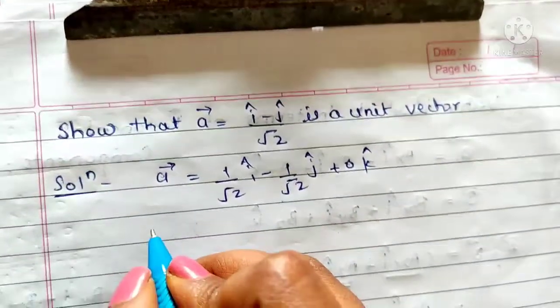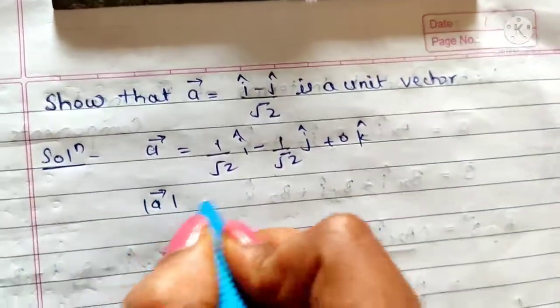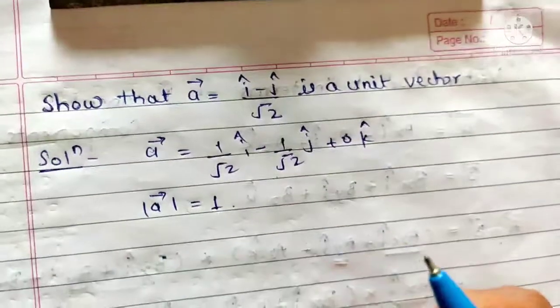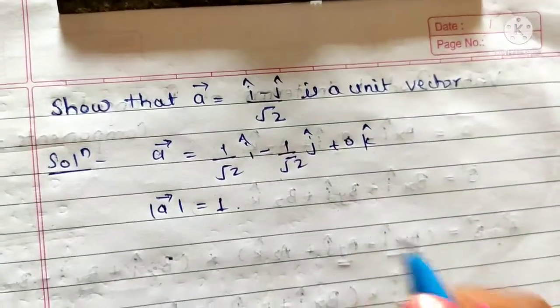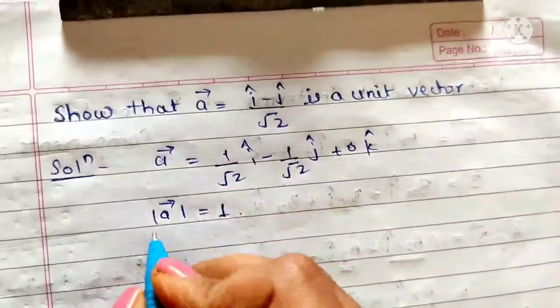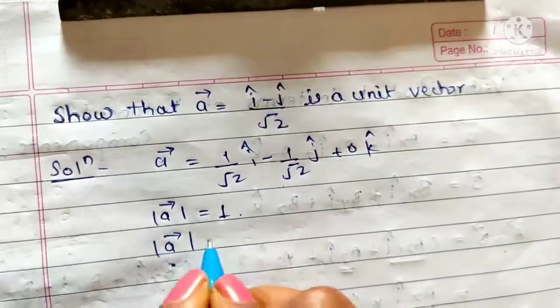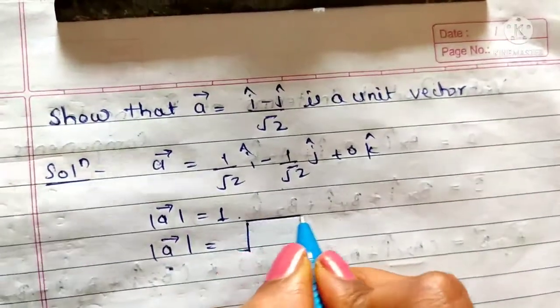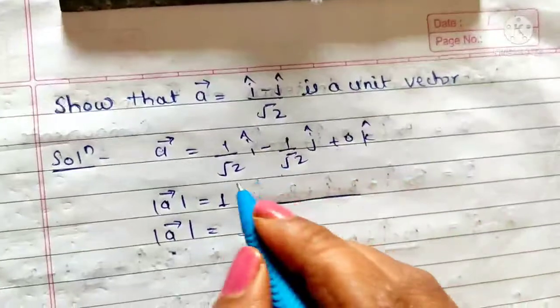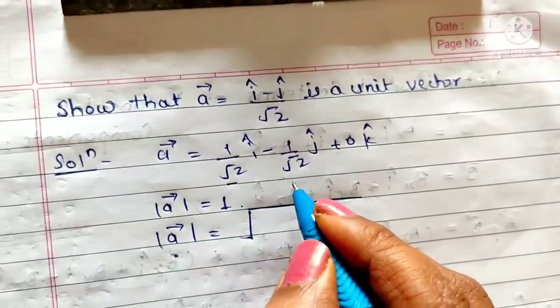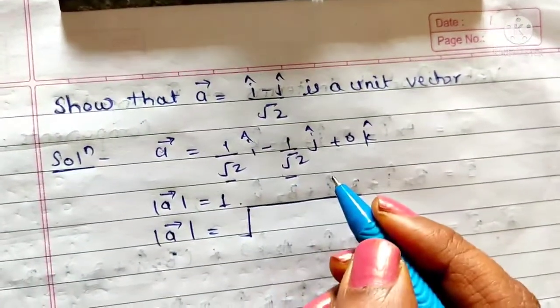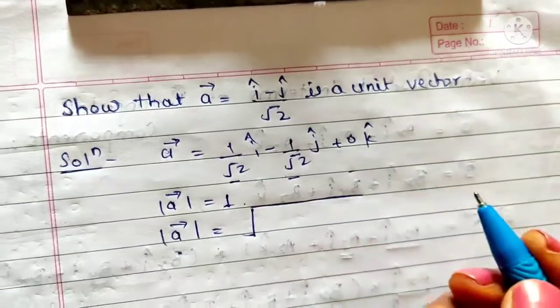Now we have to show that mod of a bar is equal to 1, and here we know the formula of mod of a bar, that is nothing but under root ax square plus ay square plus az square. Here ax is 1 upon root 2, ay is minus 1 upon root 2 and az is equal to 0.